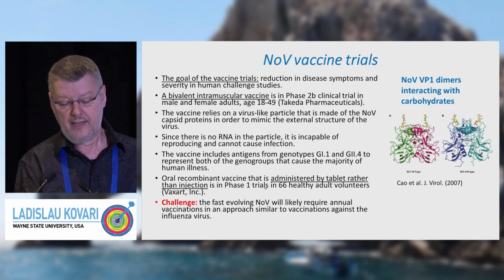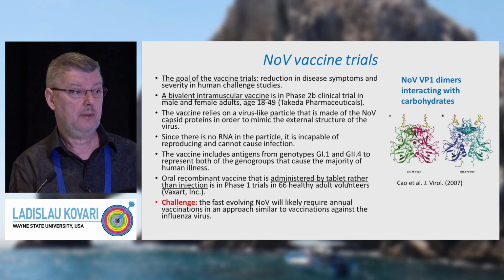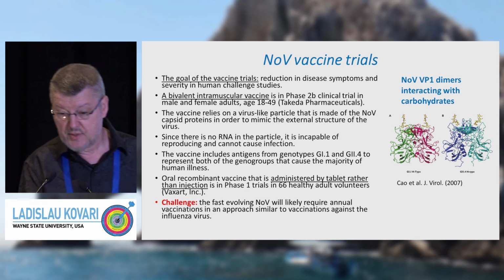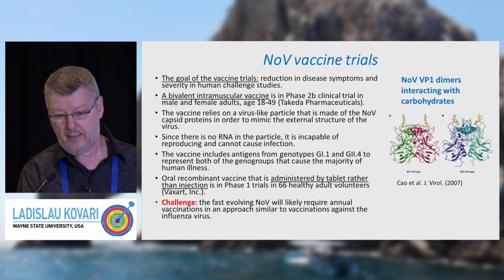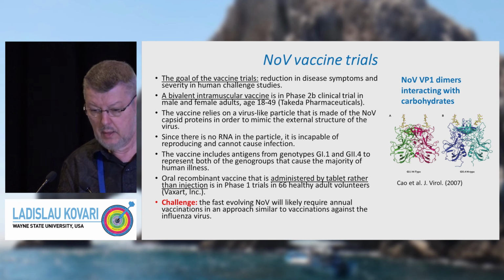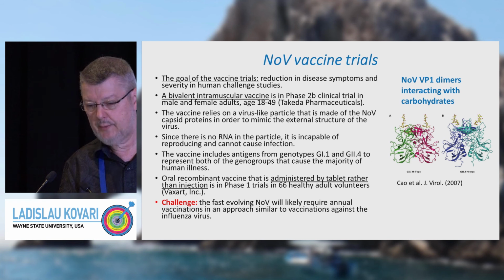There is another vaccine in clinical trials, and this is a tablet rather than an injection. The challenge with vaccines is that the norovirus evolves very rapidly. So there is this figure, and I'd like to focus attention on the arch at the top.